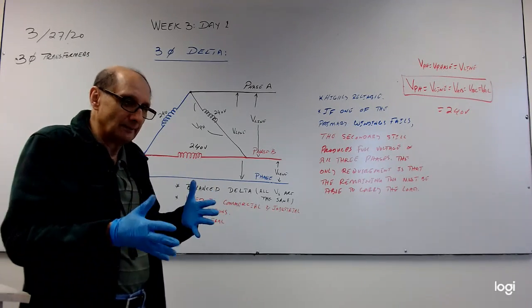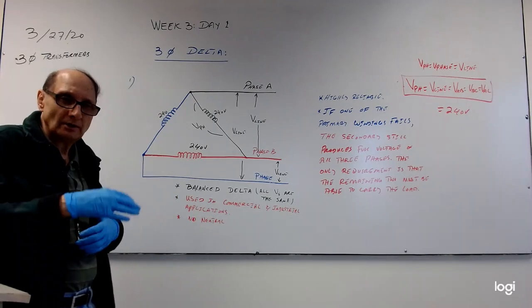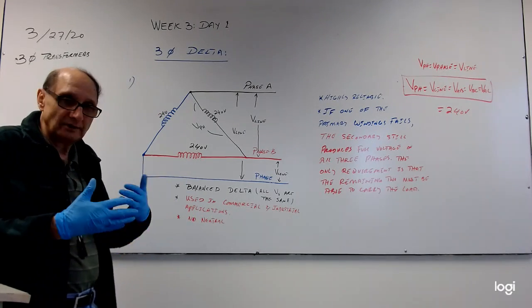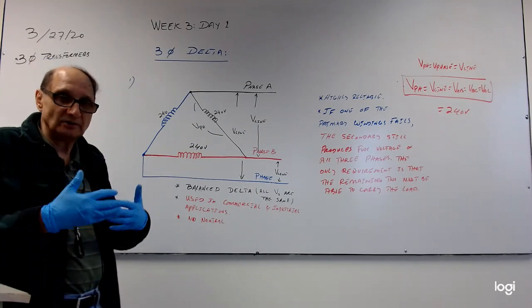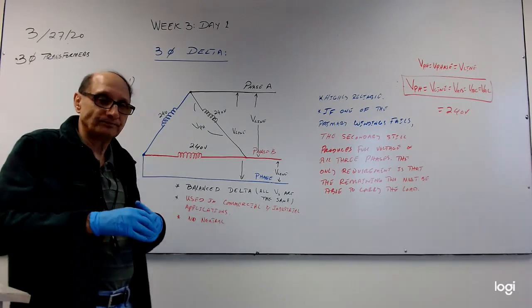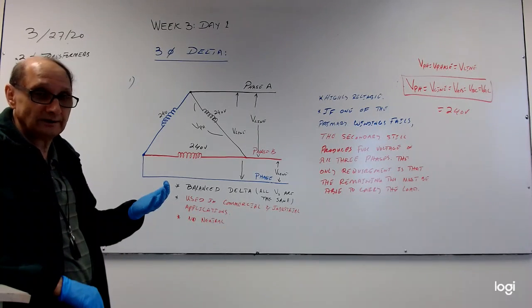So just go over your Article 310, and if you have a delta connection, read up on these, or watch these videos, and you should be able to understand what's going on, because you need this for commercial and industrial applications.